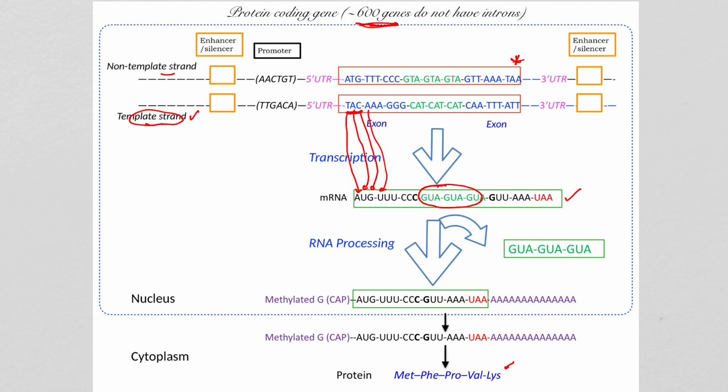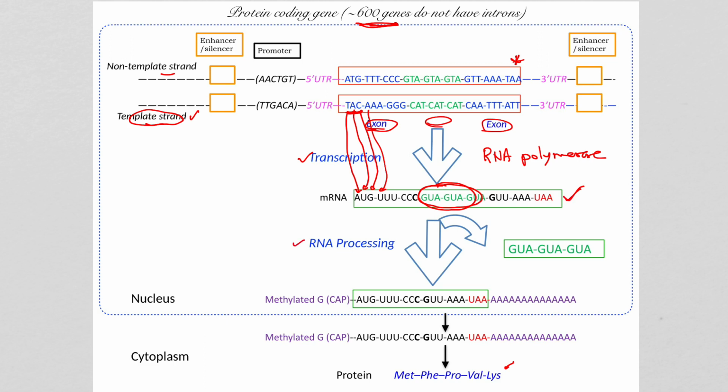So the intron is also copied in your mRNA during transcription. And this is done by the enzyme RNA polymerase. It copies your DNA, so your exons and your introns are all copied into the mRNA by RNA polymerase.